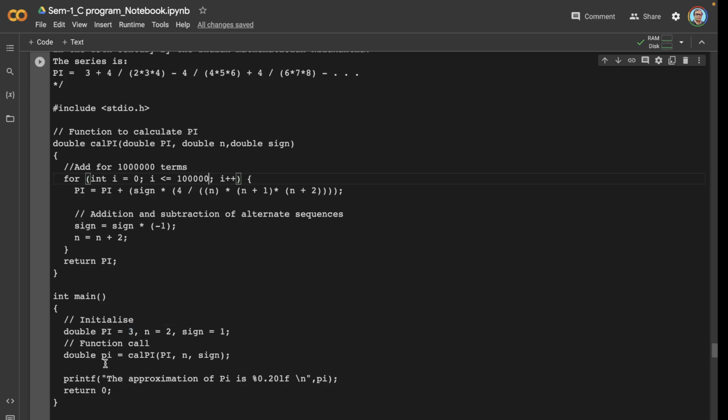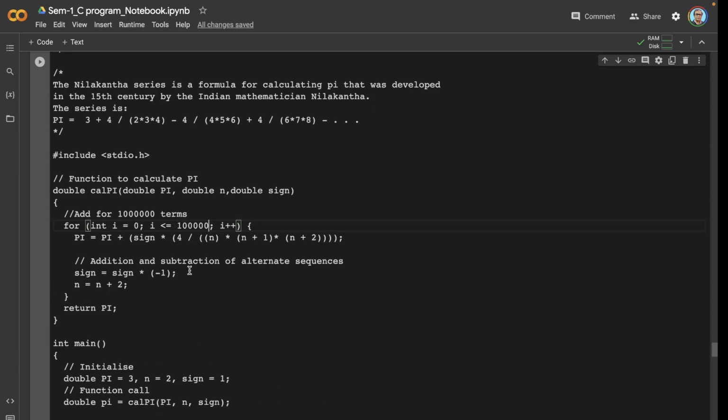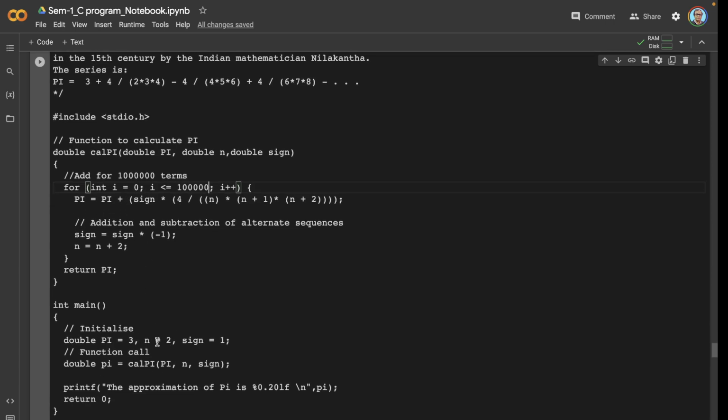And then pi equals call pi, the calculation of pi. Cal pi is the function with double pi, double n, double sign. For I equals 0 to 1 lakh terms, I plus plus, 4 by n star n plus 1 star n plus 2. Here the initial value is n equals 2.